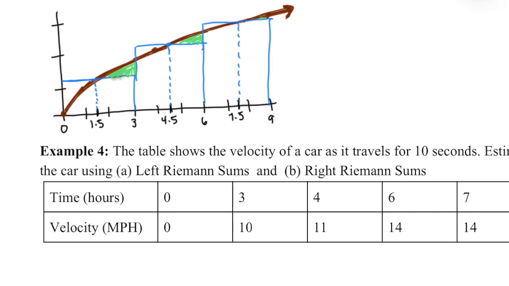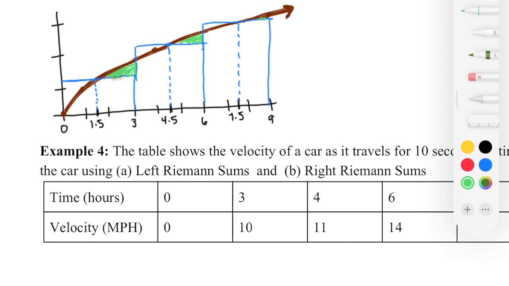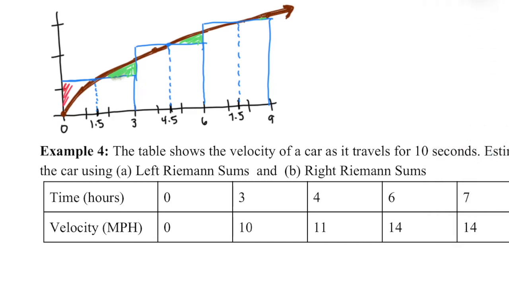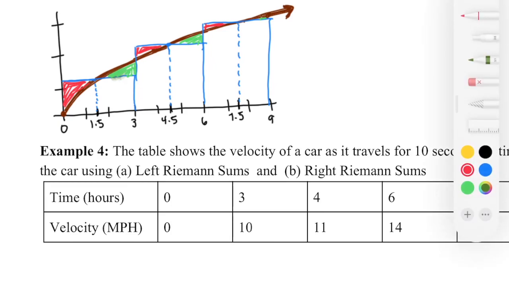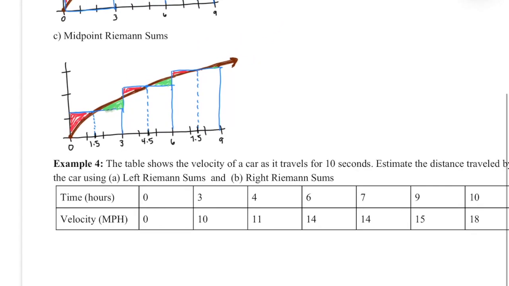And then in red, I will color where I overestimated. So my space is right here. Yeah. So this one, it usually kind of evens out. It's never exactly correct, but you can get pretty close with the midpoint.